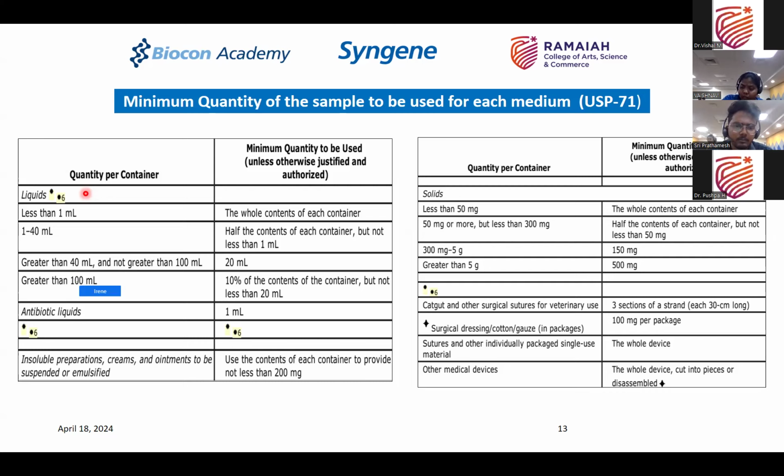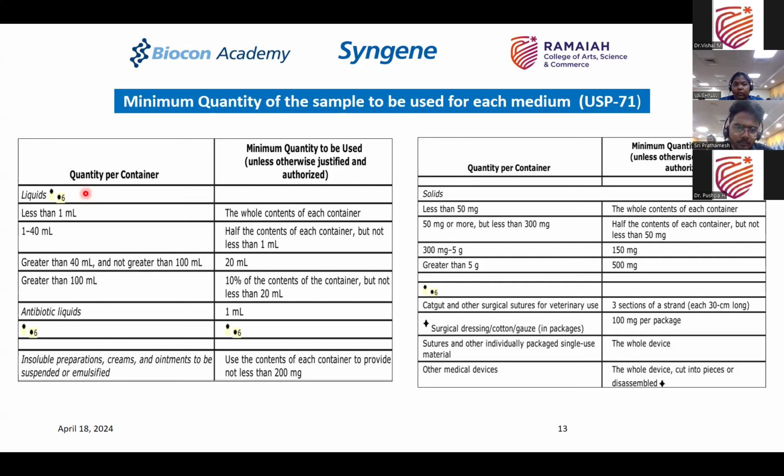Out of that particular sample, how much amount has to be used for the process of inoculation? For that also there is a USP protocol to be followed. If that particular container contains less than 1 ml of the solution, the whole content of the container has to be used. This also you should keep in mind.